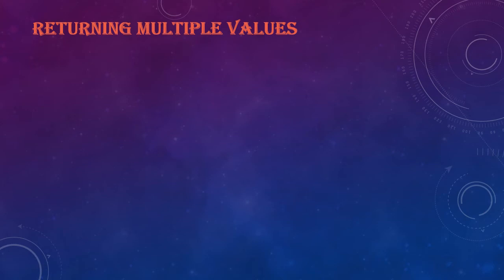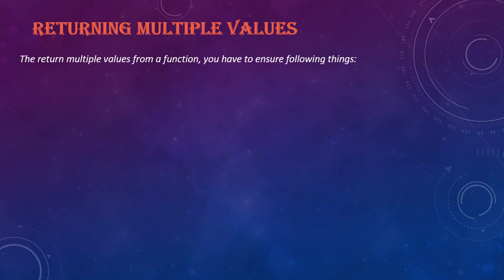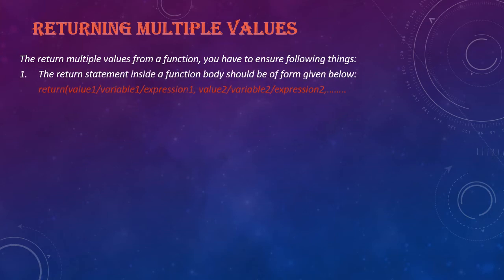Returning multiple values means a return statement can return more than one value. To return multiple values from a function, you have to ensure the following things. First, the return statement inside a function body should be of the form given below.